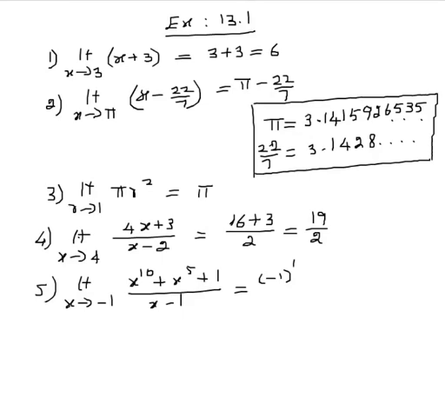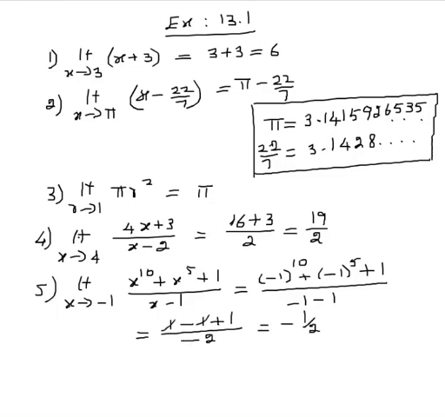Minus 1 whole power 10 plus minus 1 whole raised to 5 plus 1, divided by minus 1 minus 1. Minus 1 raised to 10 becomes plus 1. And the second term is minus 1. Third term is plus 1, divided by the denominator, which is minus 2. The answer is minus half.